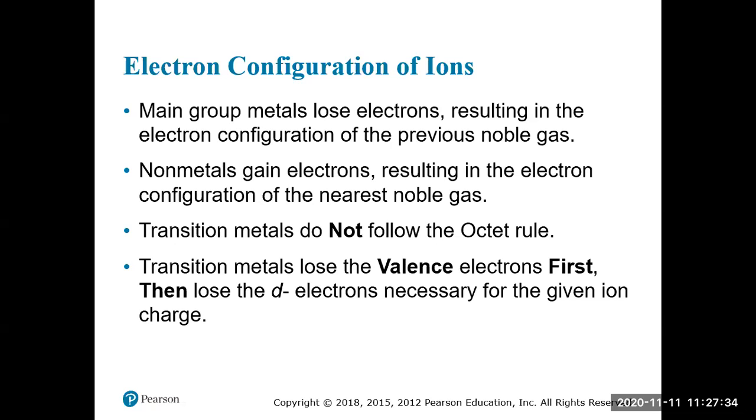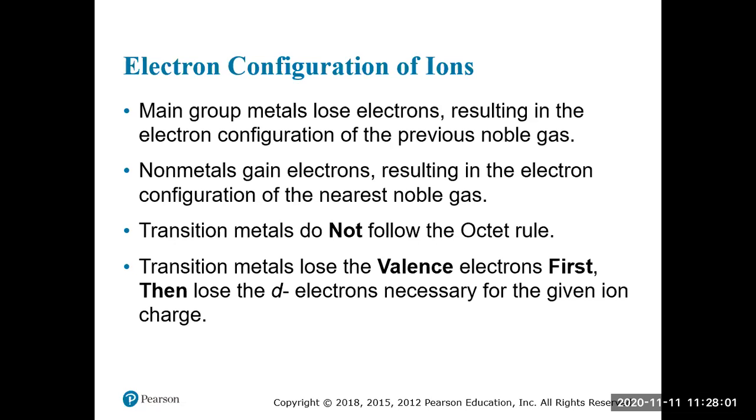The nonmetals can gain electrons, and that can result in an electron configuration like the nearest noble gas. It makes sense because by adding or losing a couple of electrons, if you can get to that noble gas configuration, that's a really stable configuration. We're always trying to achieve a stable configuration, lowest energy, things like that.